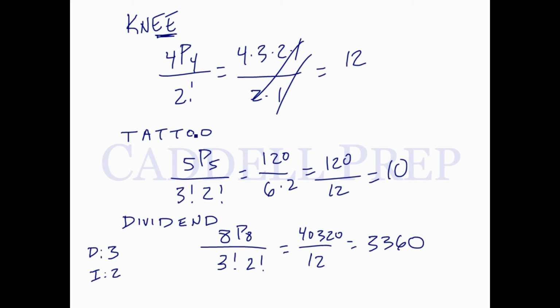So if you have repeated letters or items, just do the permutation like you would normally and divide by the factorial of the number of repeated items for each one. So here there were 3 repeated T's, so 3 factorial times 2 factorial because there were 2 repeated O's.